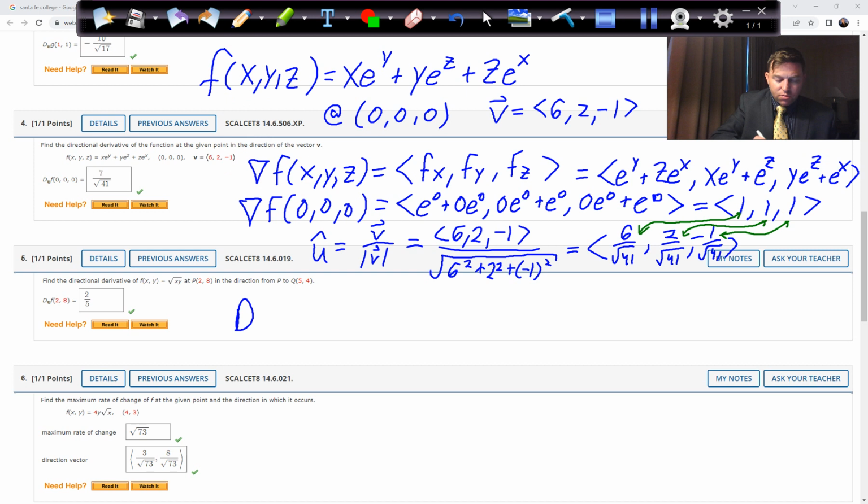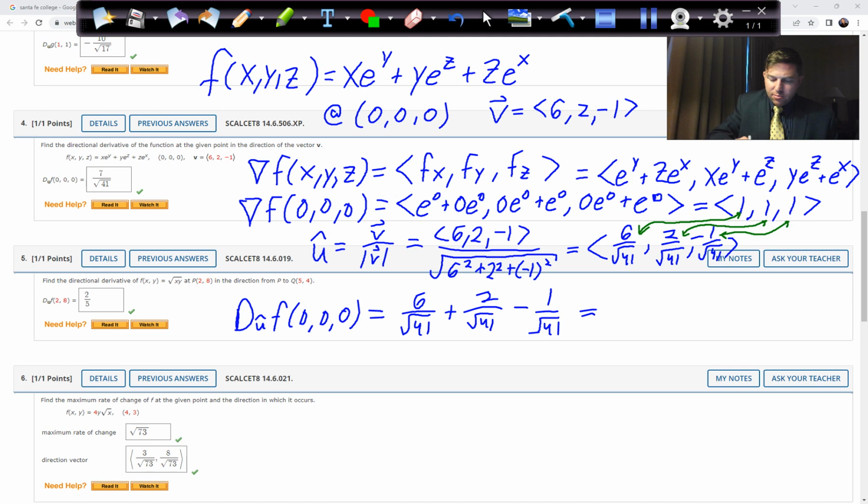So the directional derivative of f in the direction of u, it's hard to say this, at the point 0, 0, 0, is just 6 over root 41 plus, so the dot product turns these multiplications into pluses, 2 over root 41 minus, because it's plus negative 1 over root 41, which is just 8 minus 1, which is 7 over root 41. So all that work for a scalar value, just some number, you can plug it in your calculator and figure it out, just some decimal number. Okay, that's problem 4.